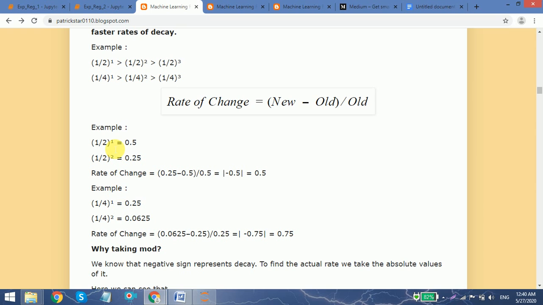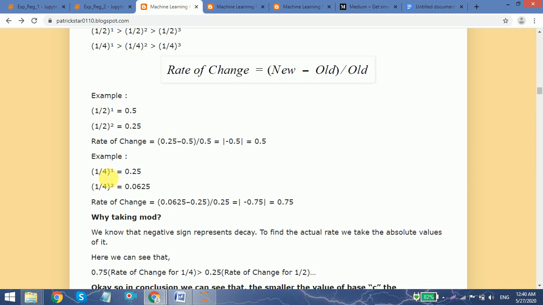So 1/2 equals 0.5, 1 by 2 square equals 0.25. The rate of change equals the new value, that is 0.25, minus the old value, that is 0.5, divided by 0.5. I'm going to take the mod of it, and it will return 0.5. I will let you know why we are taking mod here. First, let's look at the second example.